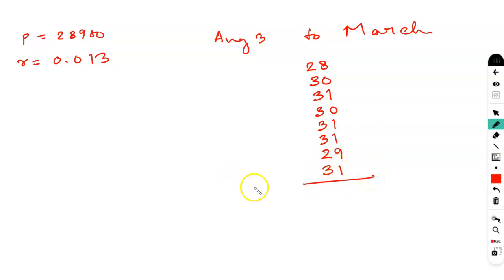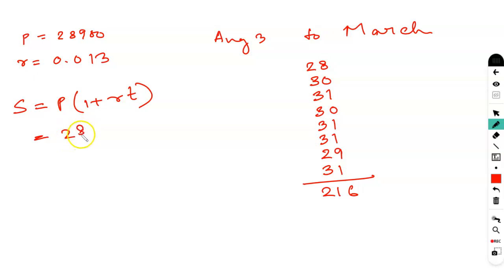So we will add the number of days and you will see the total number of days is 216. Writing this in the formula, S is equal to P(1 + rt), and we will substitute the value P is 28,900, 1 plus r is 0.013 and time is 216 over 365.